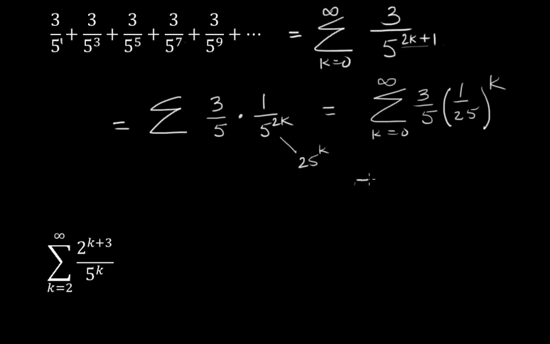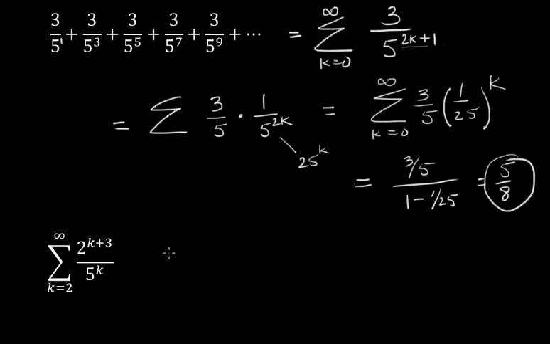So it is a simple geometric series that will converge to the first term. When k is 0, I have just 3/5 over 1 minus 1/25. And that is equal to 5/8. So the series converges to 5/8.